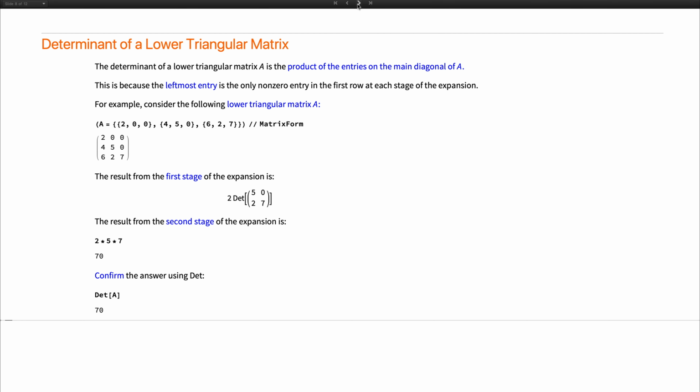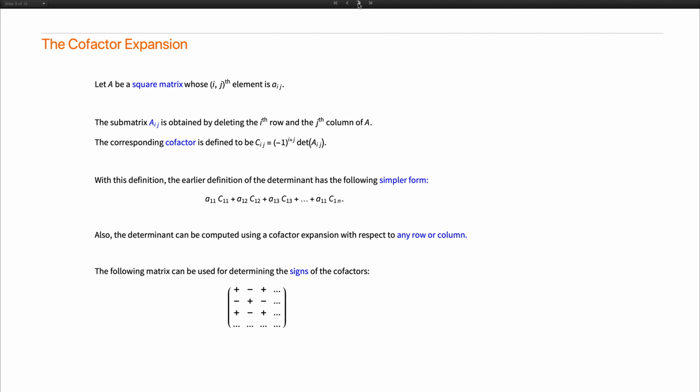Okay, now the question is, how about an upper triangular matrix? But to do that, we need a slightly different idea, and that's the cofactor expansion. So here's another way of finding determinants. So let's say you have a square matrix again, capital A, and the ijth element is small aij. Then you do the same thing as before. You work out the submatrix, capital Aij, by deleting the ith row and jth column.